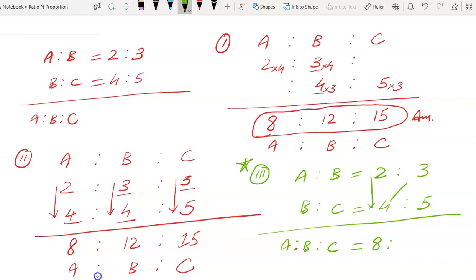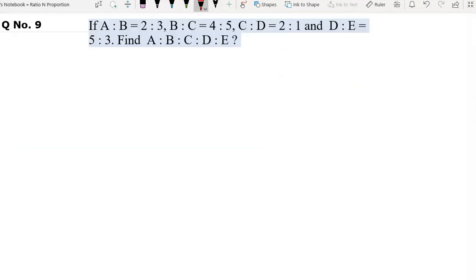Then we'll cross multiply. 3 into 4 is 12. Then again we will multiply this. 3 into 5 is 15. So A is to B is to C is 8:12:15. So this is the third method. You can use any method. It all depends on you and your practice. Whichever is suitable for you, whichever is easy and quick, you can use that method.